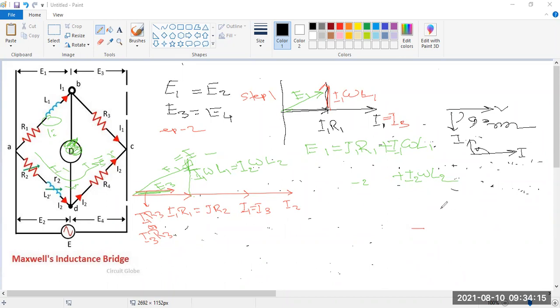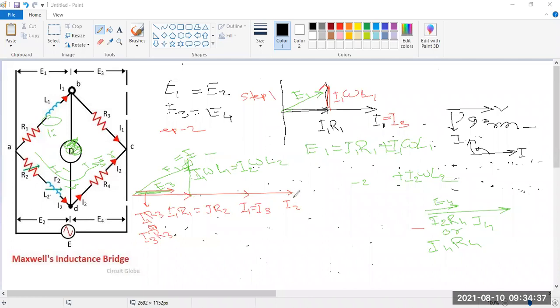So we can also write that if there is I4, then the potential drop E4 is I4 R4. Okay, so we have to write this.